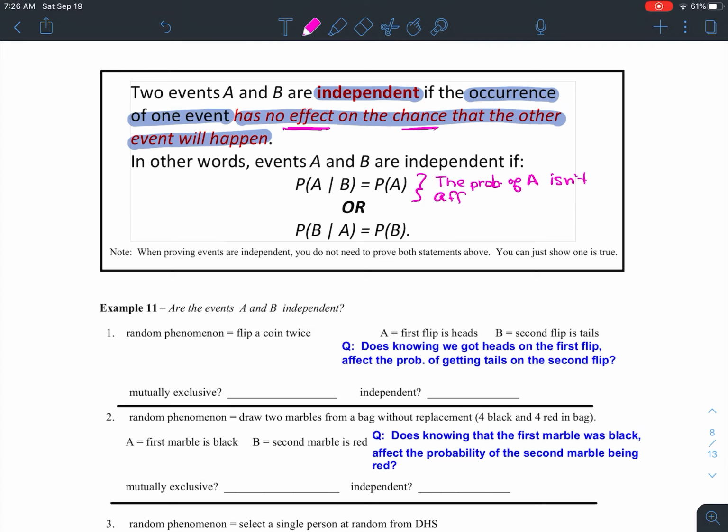What this basically means is that the probability of A occurring isn't affected by the probability of B. Okay.